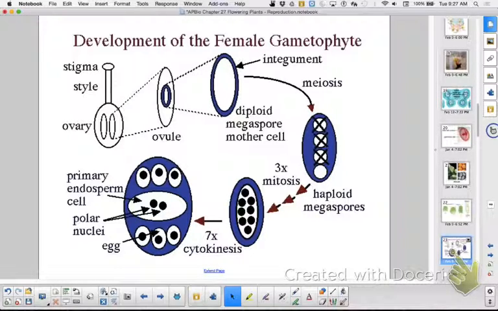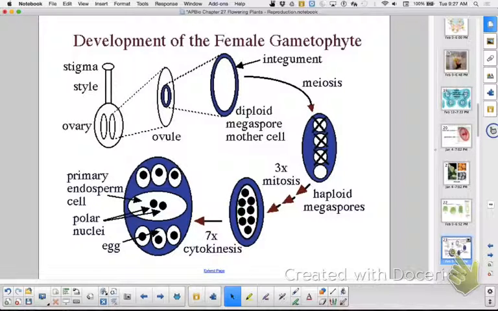Inside this ovule that you have right here, you're going to be undergoing meiosis to make your spores. 3 degenerate, 1 megaspore. It's going to undergo mitosis. If you're 1 cell and you undergo mitosis once, you'll have how many cells? 2. Then they all undergo mitosis. Now you have 4.